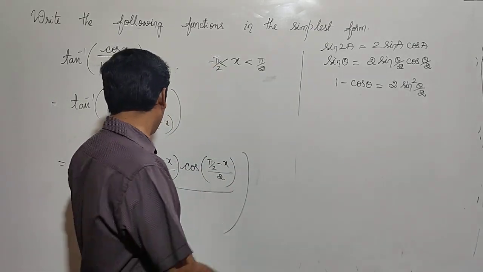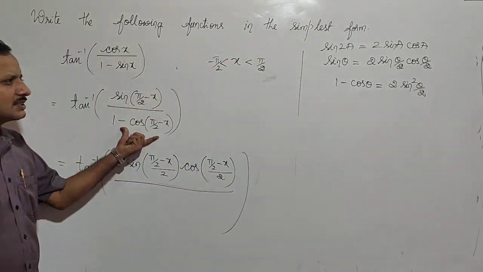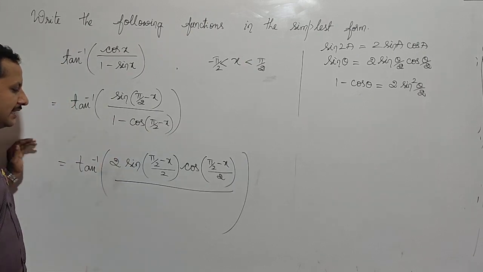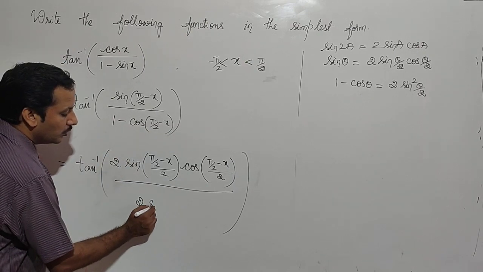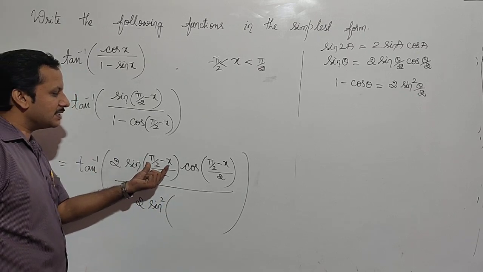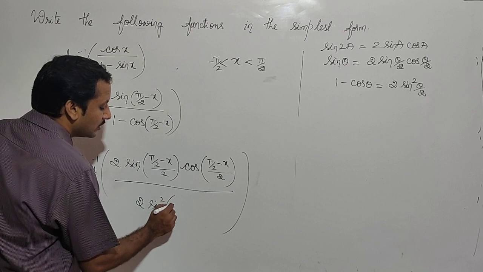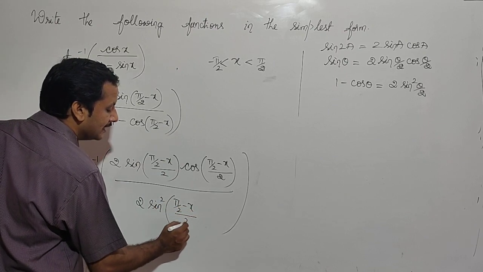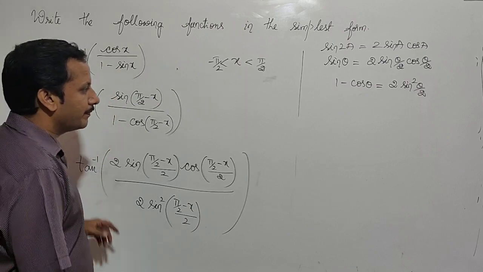That formula I am using here. So 1 minus cos theta can be written as 2 sin square theta by 2. Theta is pi by 2 minus x, so theta by 2 is pi by 2 minus x divided by 2.